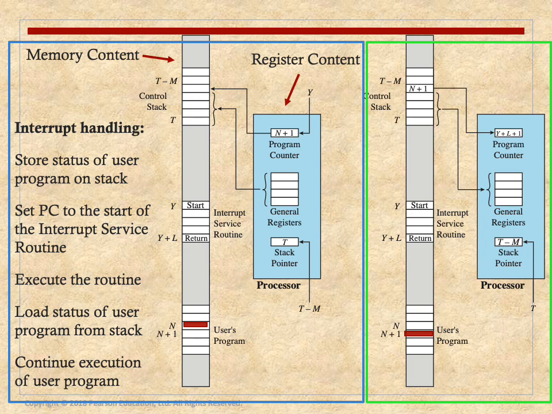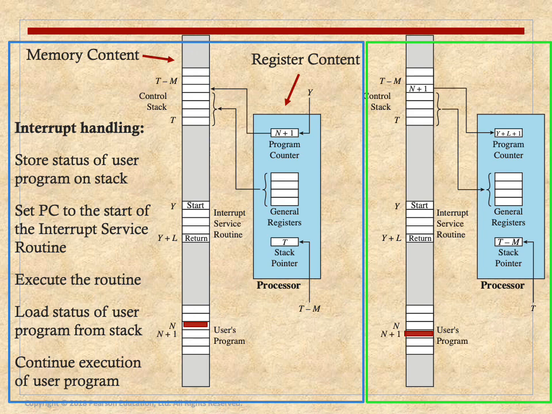After the interrupt service routine has run to completion, the program counter is Y+L+1. If we load the status of the user program from the stack, then the program counter gets updated to n+1. This is the address of the next instruction of the user program to be executed.